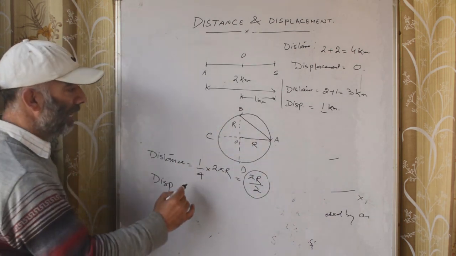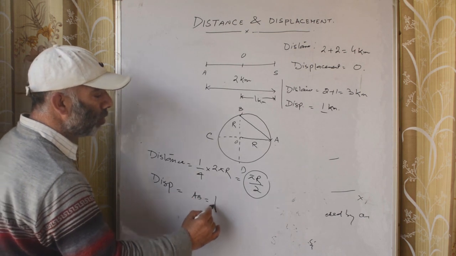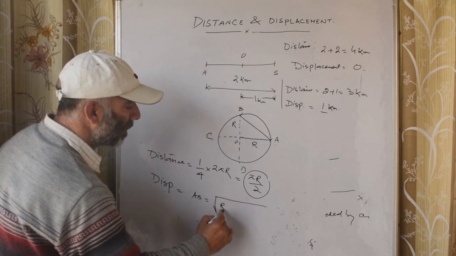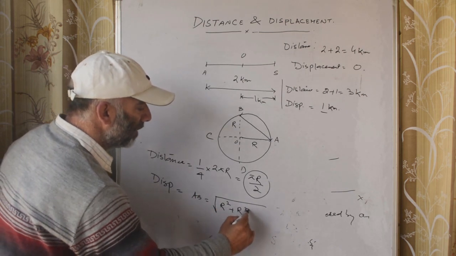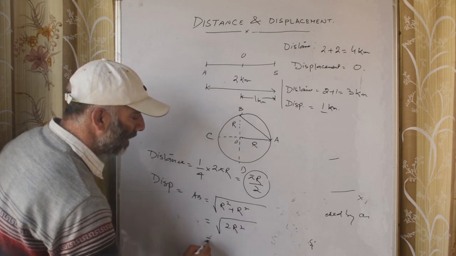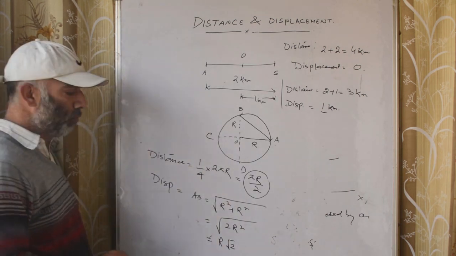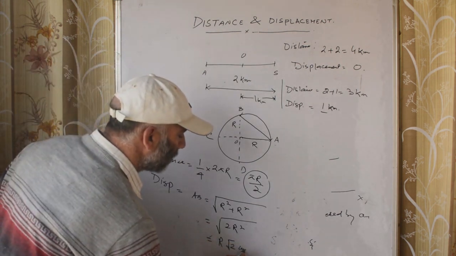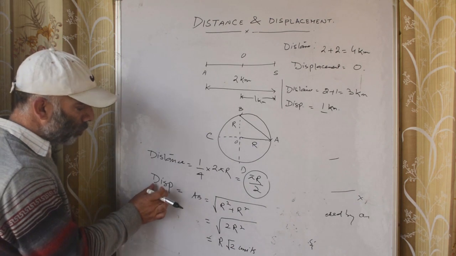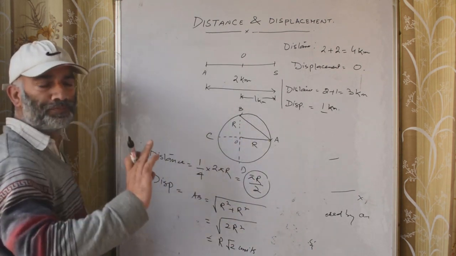With the help of the Pythagoras theorem, this AB will be equal to root of this square plus this square, that is R square plus R square, that is equal to root of 2 times R square, that is R root 2 units. If in centimeters, then centimeters. So displacement will be equal to R root 2 from A to B.